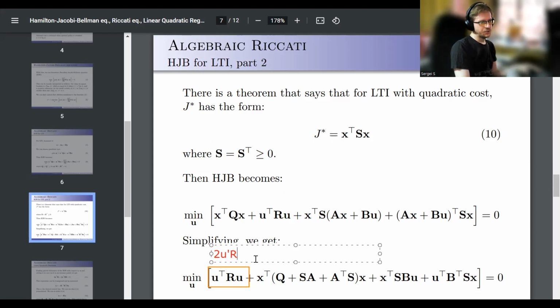More correct would be to say that this is U times R plus R times U, right? But we're going to sum them anyway. And here there is another equation. This equation would yield us X transpose C times B, and this would yield us B times C times X.